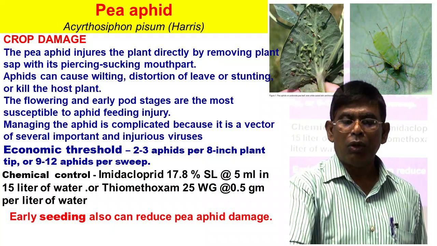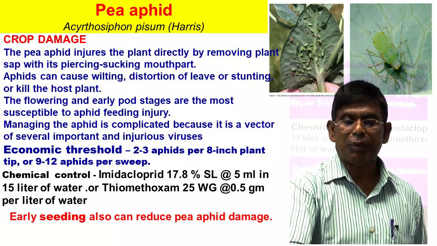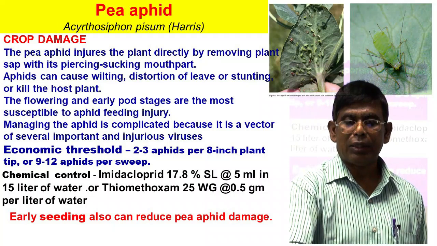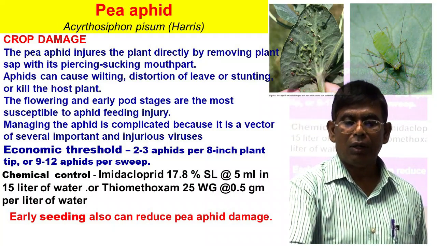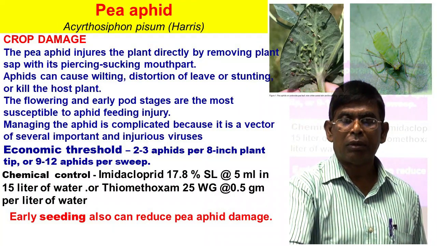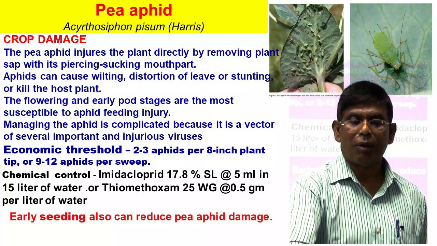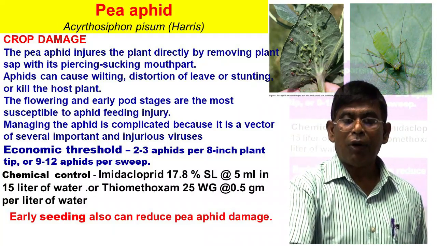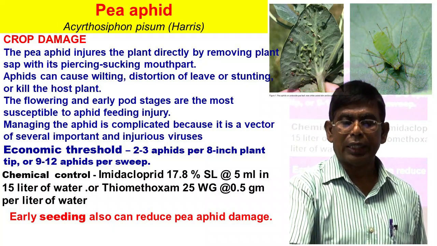It can be controlled through the spraying of imidacloprid 17.8% SL at the rate of 5 ml in 15 liter of water, or thiamethoxam 25 WG at the rate of 0.5 gram per liter of water. You can avoid the aphid attack on field pea through early seeding.